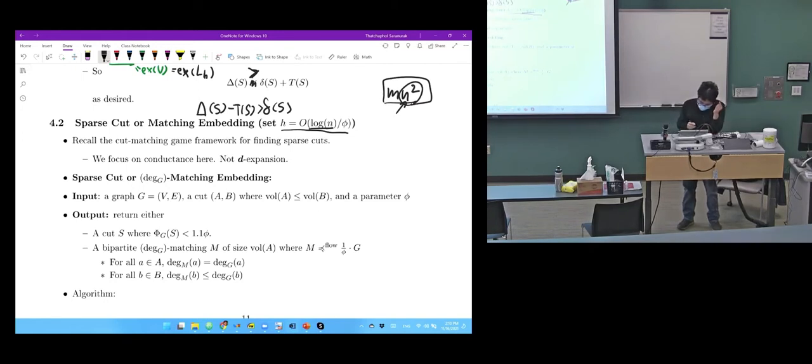So what is this subroutine? You just need to recall what we talked about when we try to use a cut matching game for finding sparse cut in the graph, right?